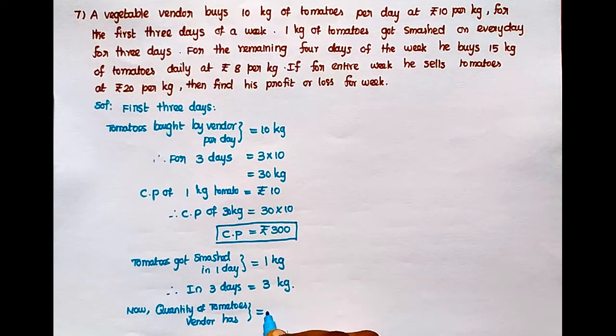So how many kg were remaining? That is 30 minus 3. That is equal to 27 kilogram.